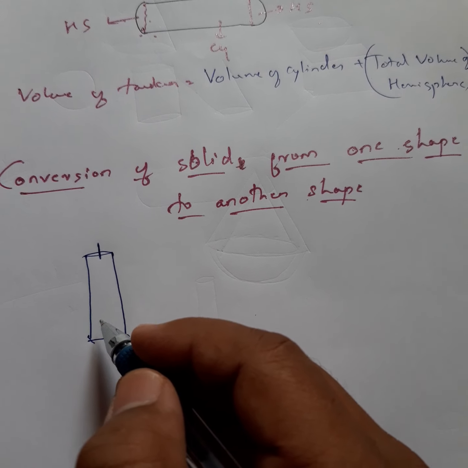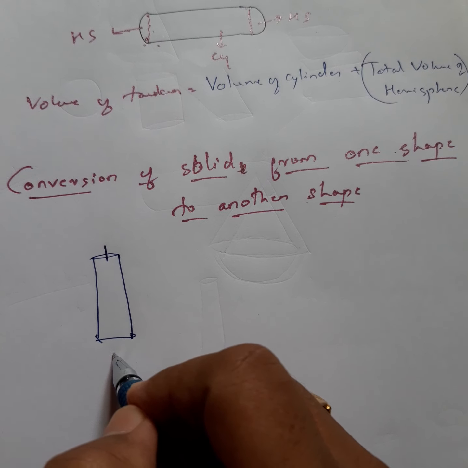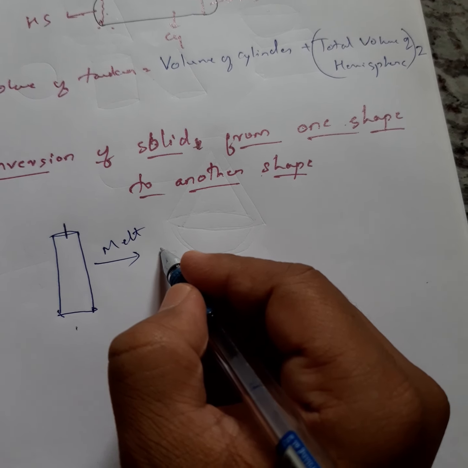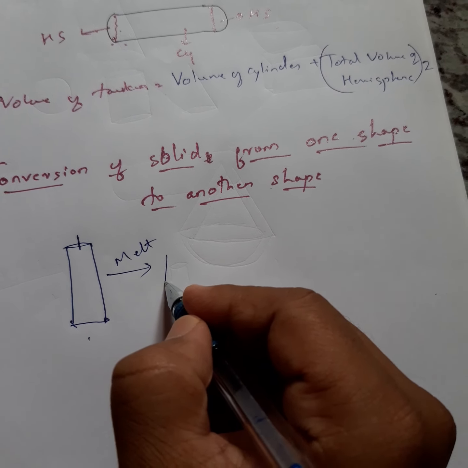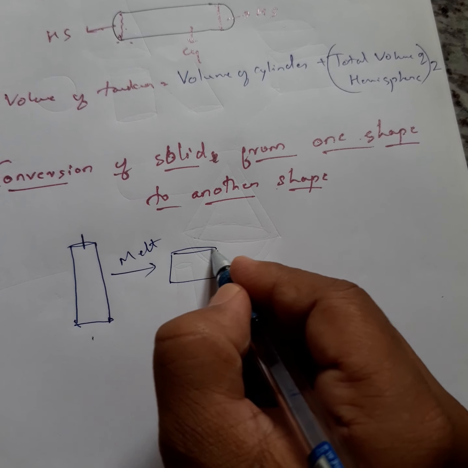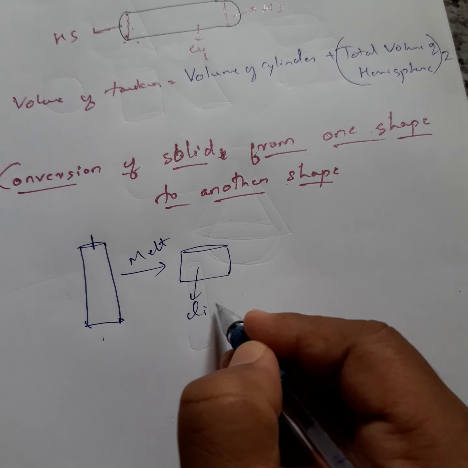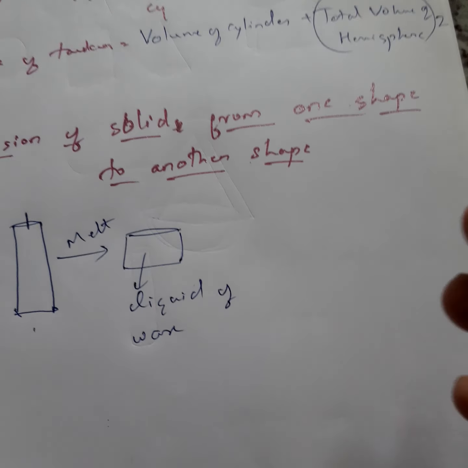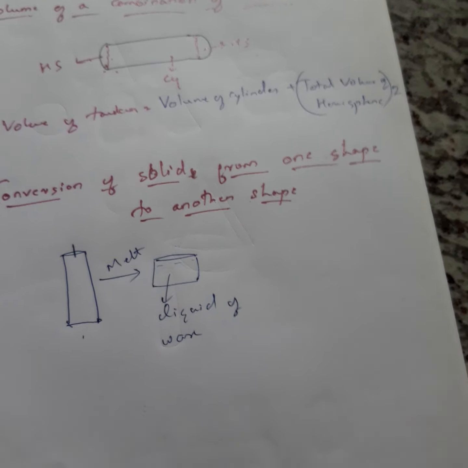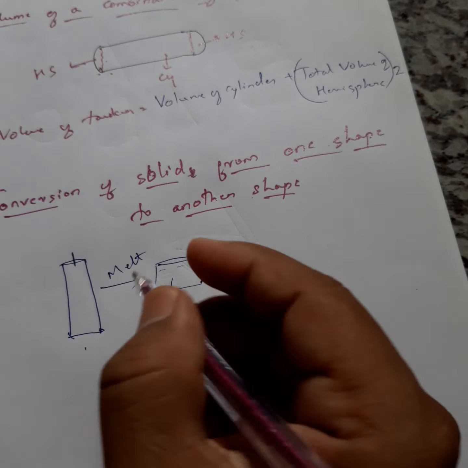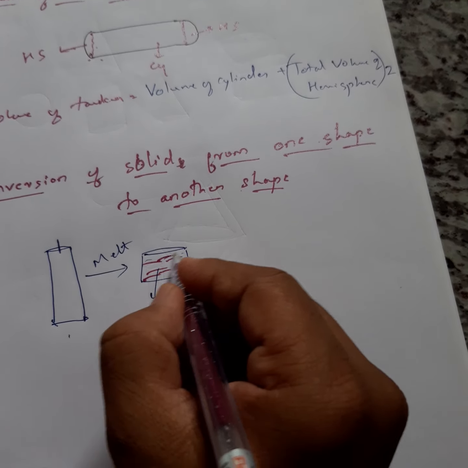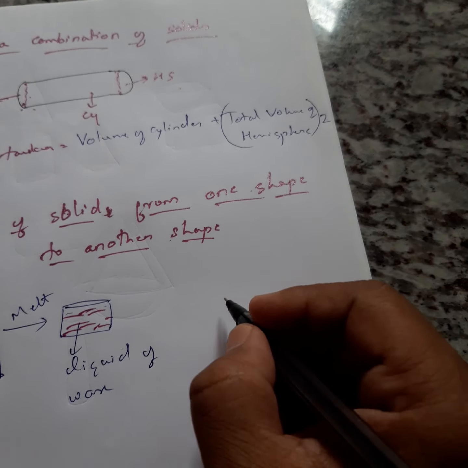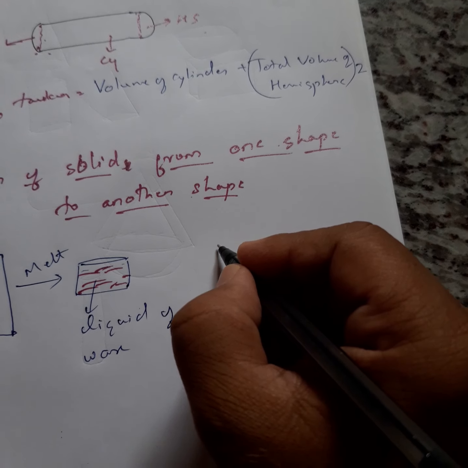So what I will do is, I will take the candle, first I melt it. The liquid I get, I will take it in a container. After melting, I will get the liquid wax. Then I will take another shape, say a shape of a diya.